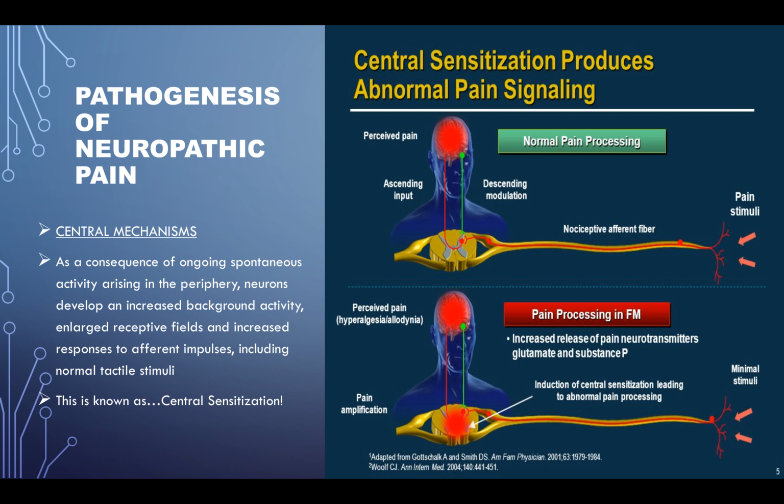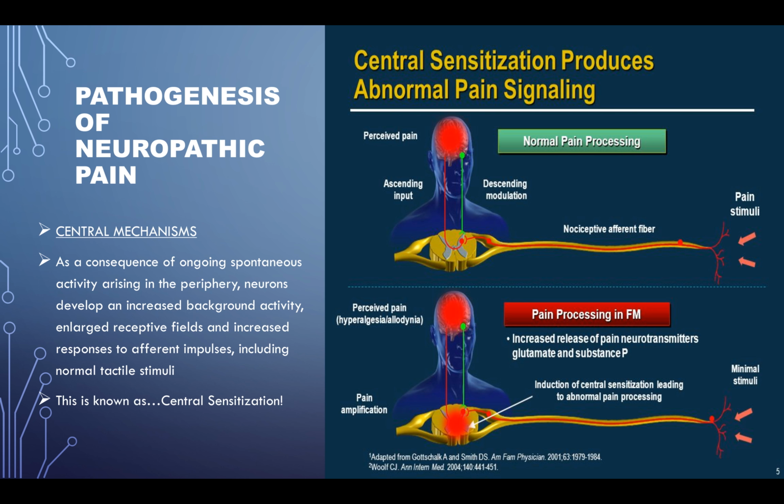As a consequence of that ongoing spontaneous activity that arises from that peripheral sensitization, the neurons develop an increased background activity, enlarged receptor fields, and increased responses to afferent impulses, including normal tactile stimuli. So they're just in this heightened state of awareness that they can't get out of. I say they're wound up, right?